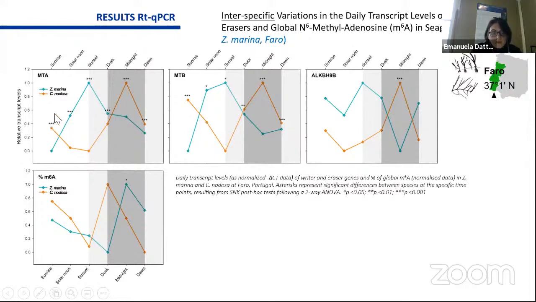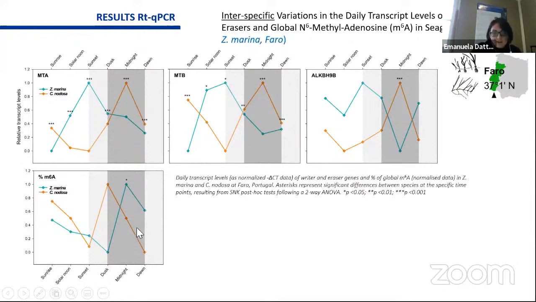But if you see the profile of the 2 species, Cymodocea nodosa in orange and Zostera marina in blue, there is an asynchrony between the peaks, and for all genes, Cymodocea shows the maximum at midnight, while Zostera shows it earlier, at sunset.